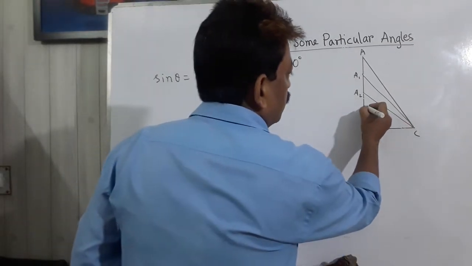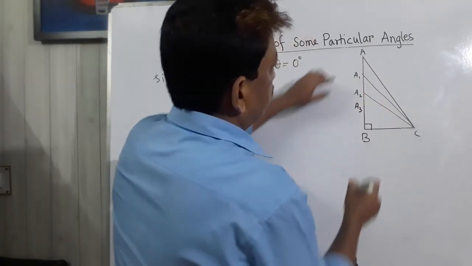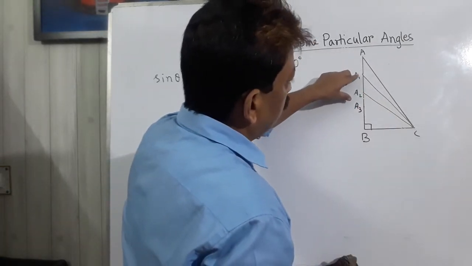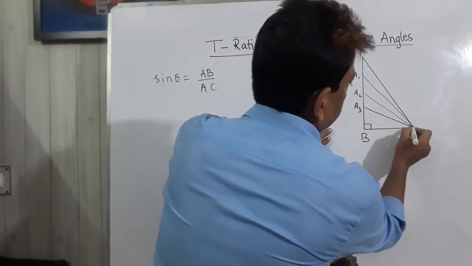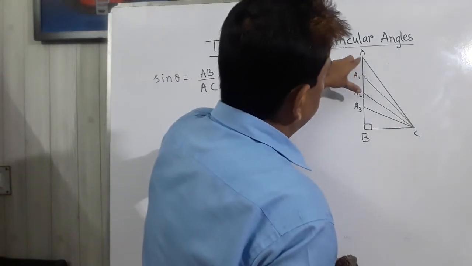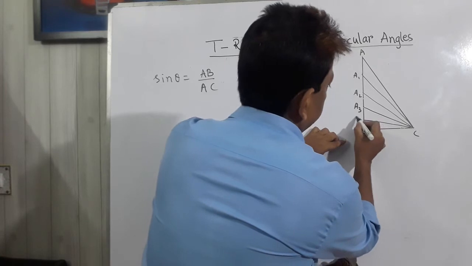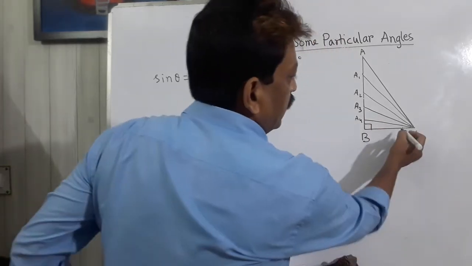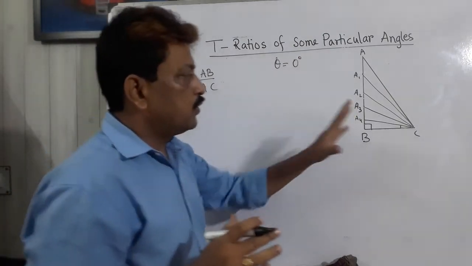So if we go on decreasing the height, that is the point A is moving towards B, slowly the value of theta is decreasing also. As this point A comes closer to B, the value of theta will also become closer to 0 degree.